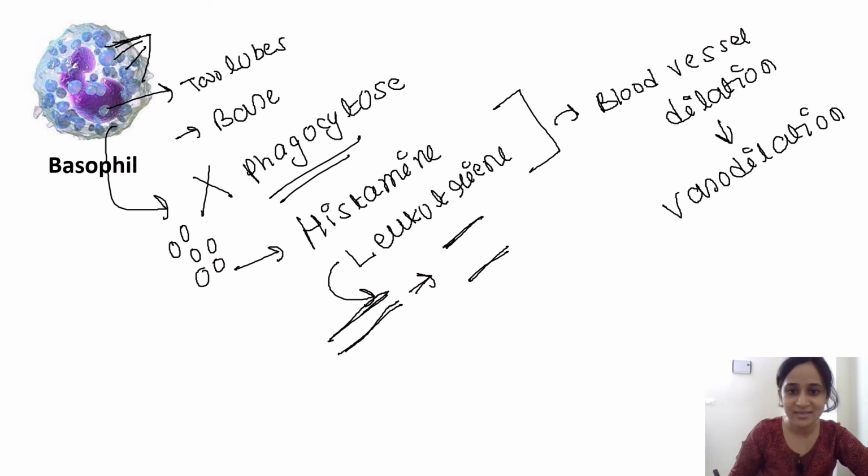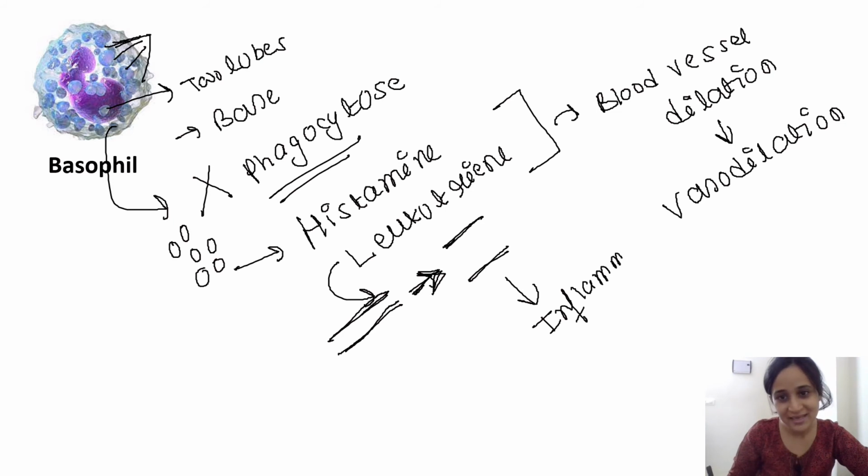So blood vessels are now wider, and this wider blood vessel helps in inflammation. So these cells cause inflammation because vasodilation of blood vessels causes inflammation. Now, what is the link between inflammation and vasodilation? That I will teach in a separate lecture.